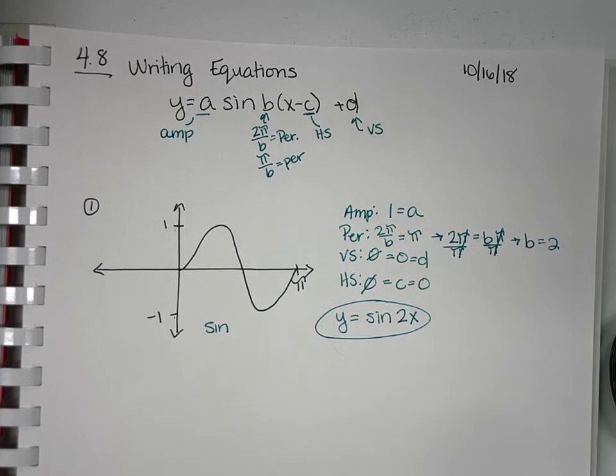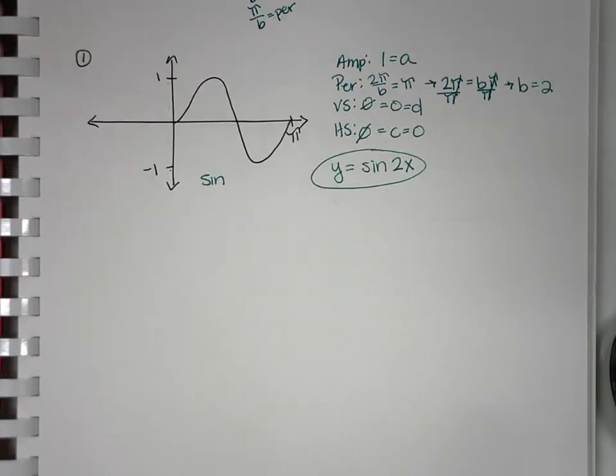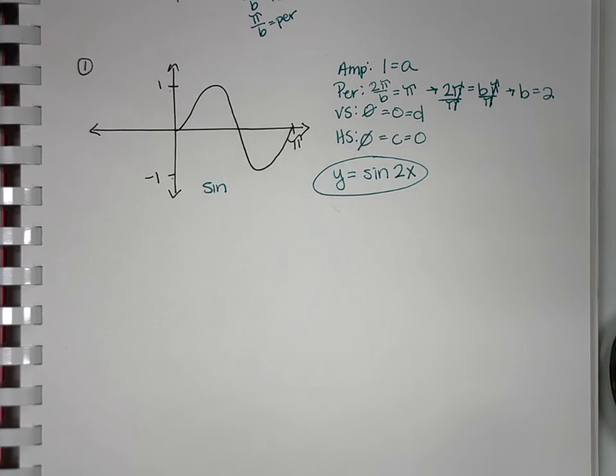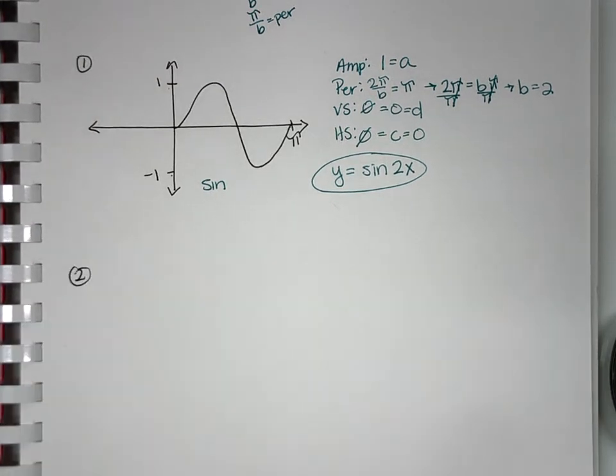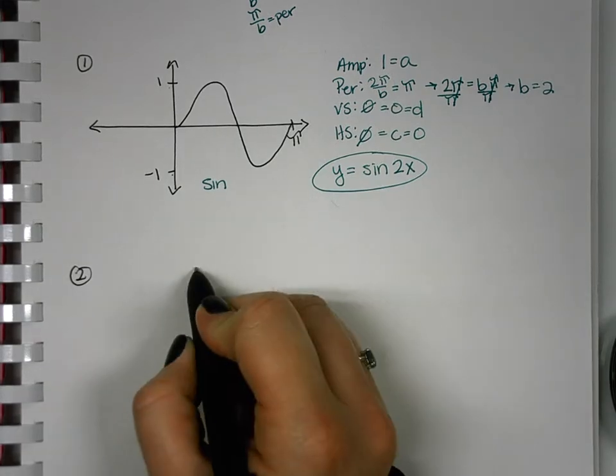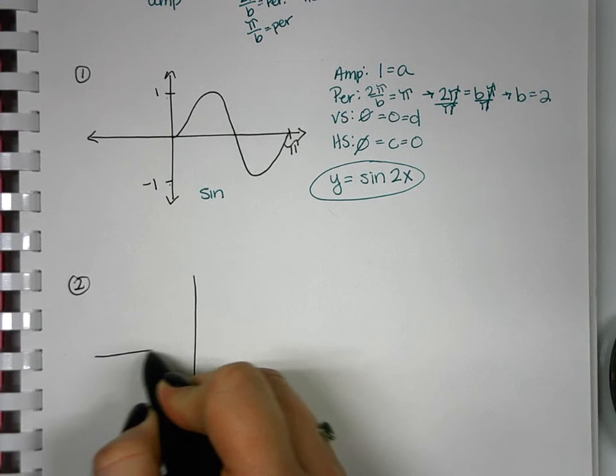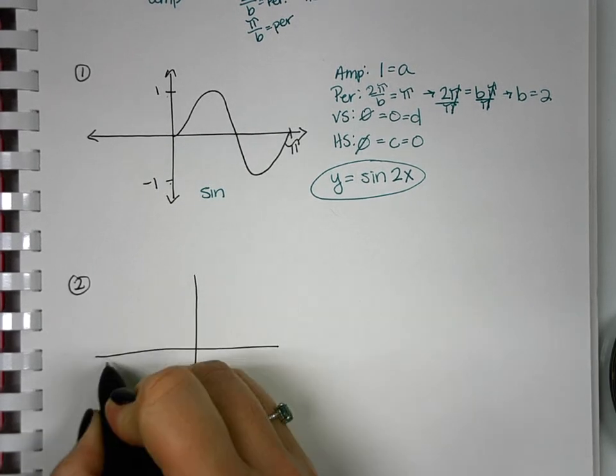Okay, so we're going to do one more for right now, where again we're going to work going backwards and writing the equation. So I'm going to start with drawing my graph.